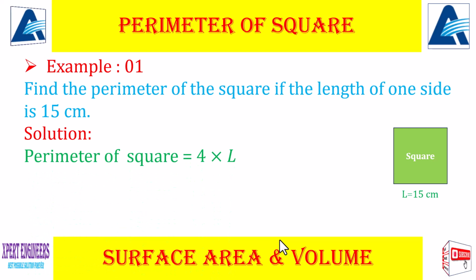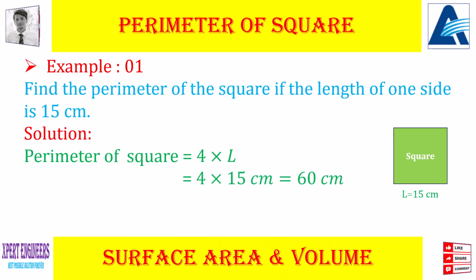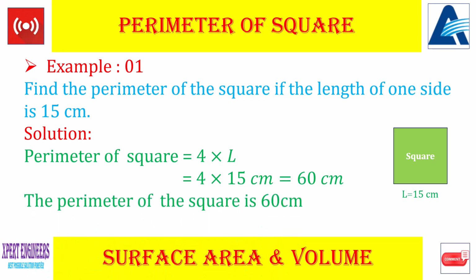As we know that the perimeter of square is 4 into L, we put the value of length in the formula and we get the perimeter of square equal to 4 into 15 centimeters, that is equal to 60 centimeters. So the perimeter of square is 60 centimeters if its length is 15 centimeters.